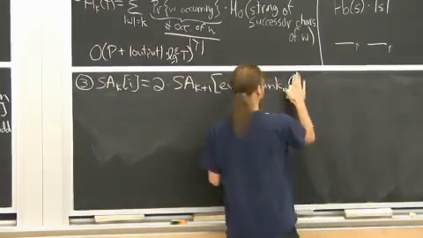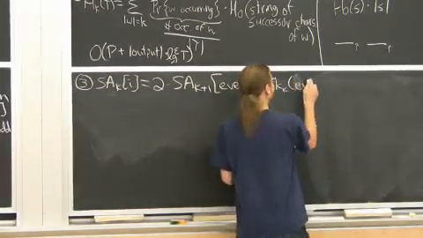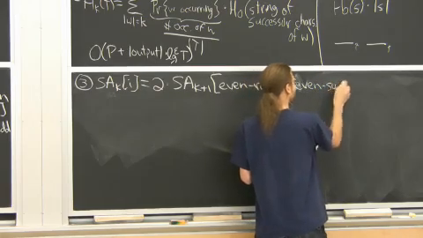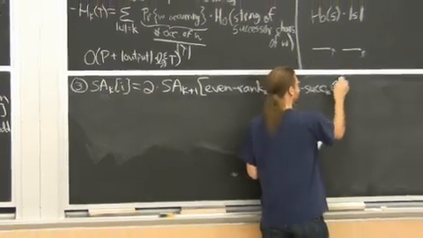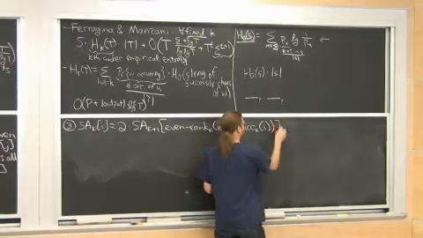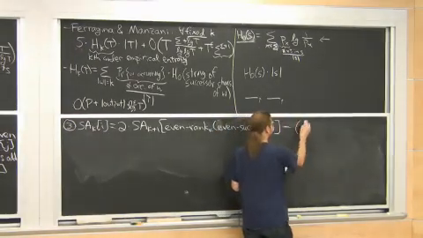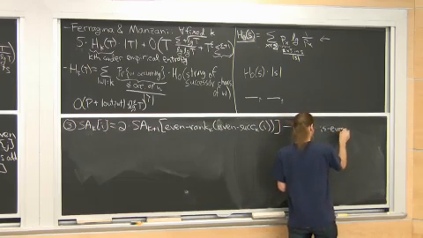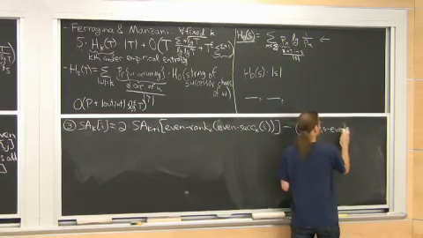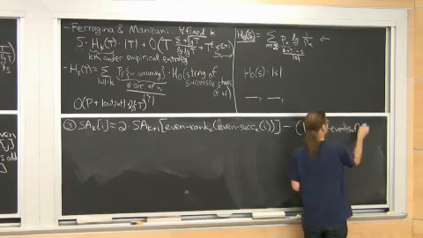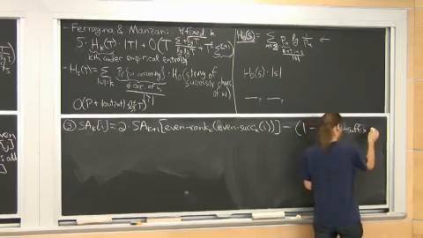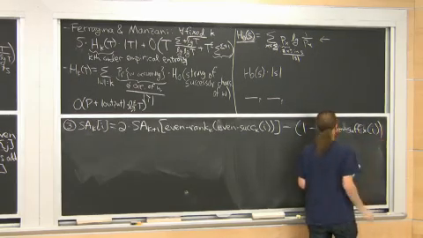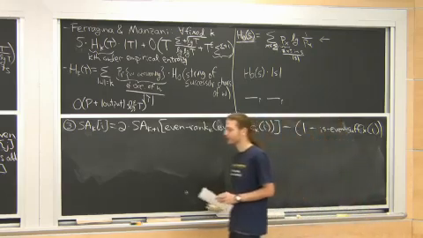Sorry, not of I. Even rank of even successor of I minus 1 minus is even suffix of I. Okay, so that's the equation.